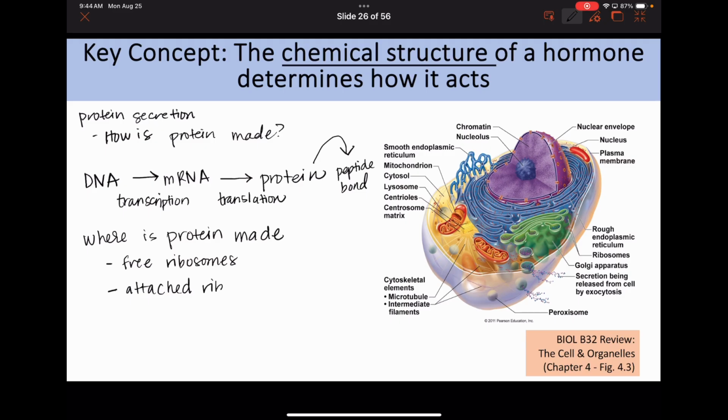And attached ribosomes, what are they attached to? The rough ER, and then there are actually some also on the nucleus or nuclear envelope. So you'll see some of them here on the nuclear envelope. There's some ribosomes there as well.